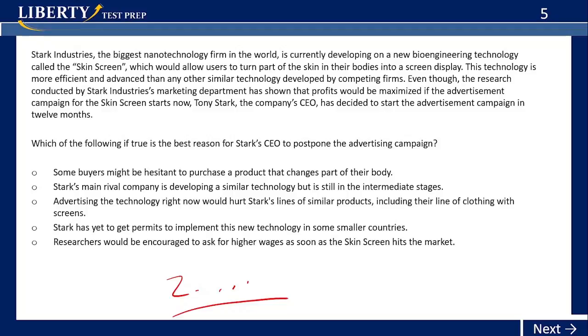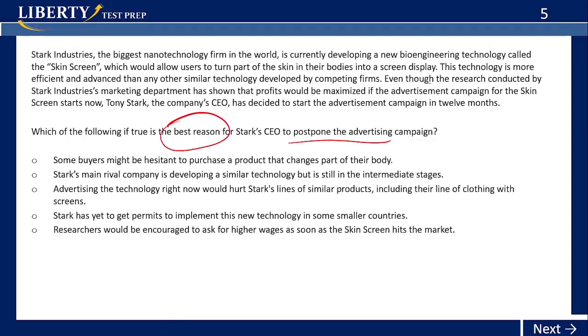Okay, this technology is more efficient and advanced than any other similar technology developed by competing firms. Even though the research conducted by Stark Industries' marketing department has shown that profits will be maximized if the advertisement campaign for the skin screen starts now, Tony Stark, the company's CEO, has decided to start the advertisement campaign in 12 months. So Tony Stark doesn't want to do it right now.